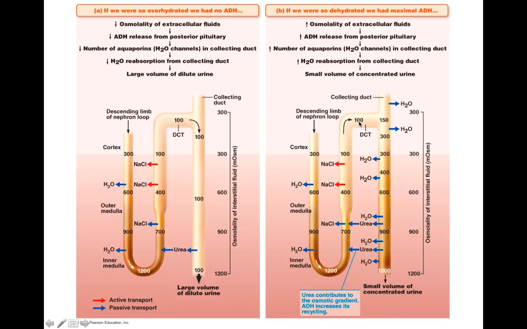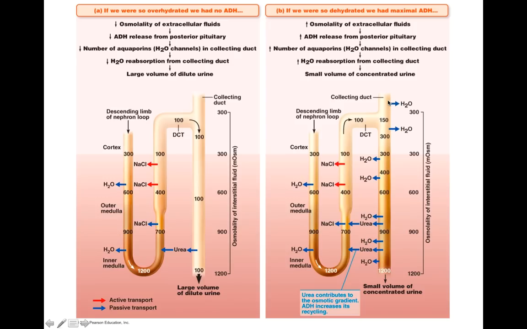And right here at the beginning of the distal convoluted tubule, we're at the exact same place we were in the previous picture. If ADH is being secreted, its function is to add aquaporins, which are basically water channels, in this collecting duct. These aquaporins enable more water to exit your collecting duct so that you can reabsorb that water into your blood.